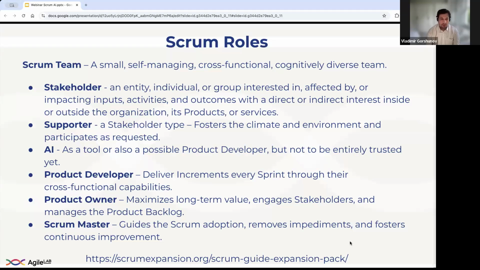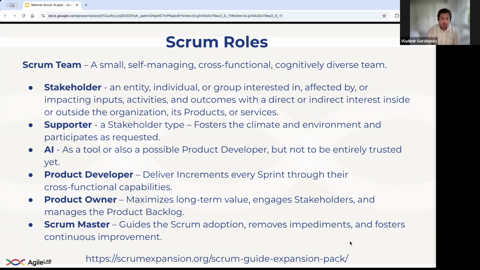We have a product owner, a natural one, and there are a couple of artifacts that I want to discuss further that relate to the product owner role. And the developers accountability is expanded into the product developer role. So we're saying that product developers are those delivering an increment every sprint through cross-functional capabilities.